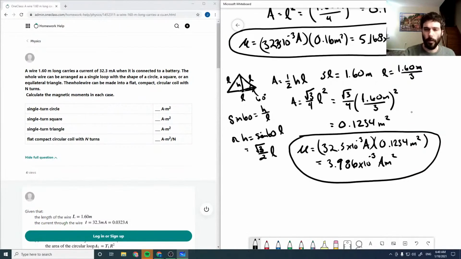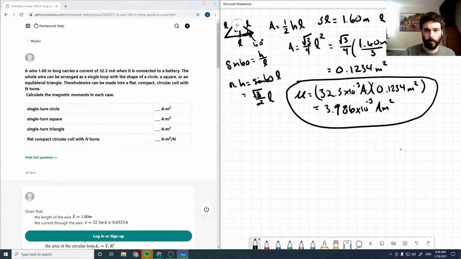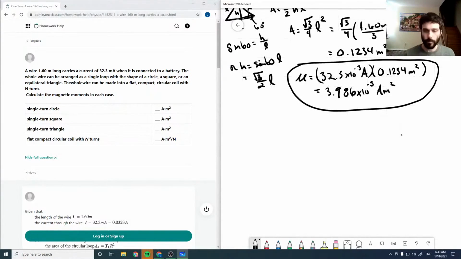And then for a circular loop with n turns, so we have a circle with multiple turns.